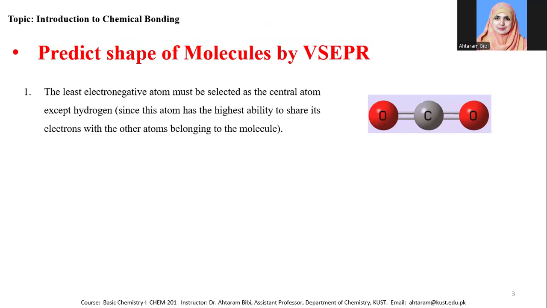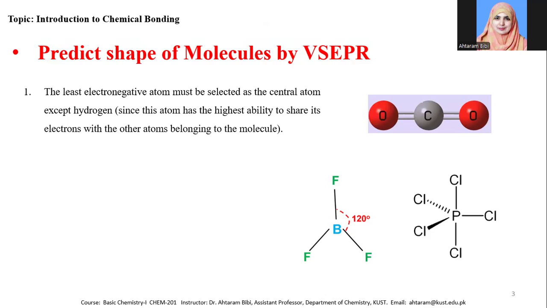Here we can see the boron trifluoride molecule, in which boron is less electronegative as compared to fluorine. So, according to the theory, the least electronegative atom must be present at the center, while the other atoms must be linked to the central atom.